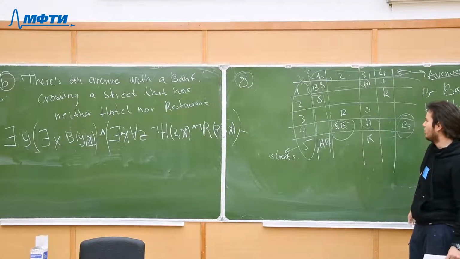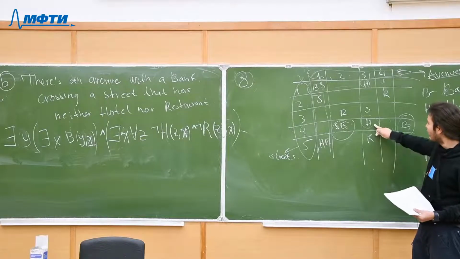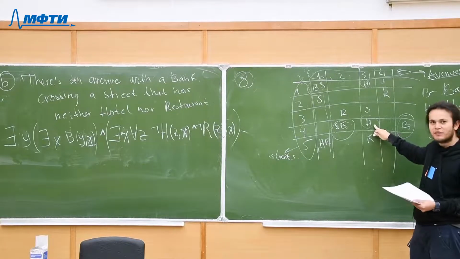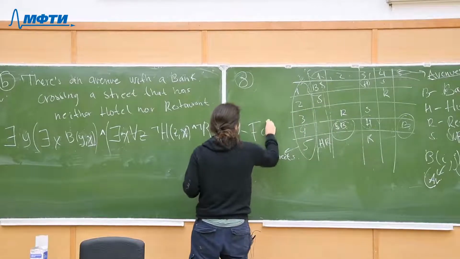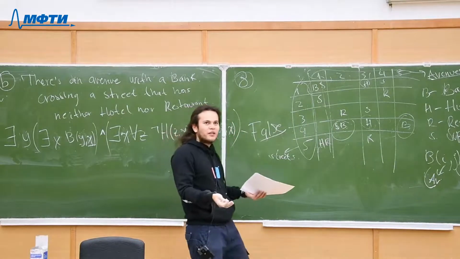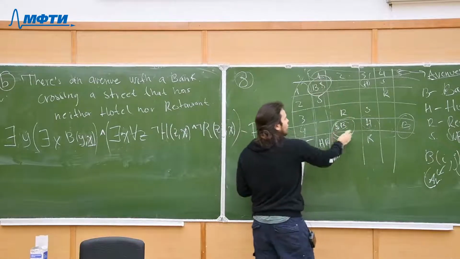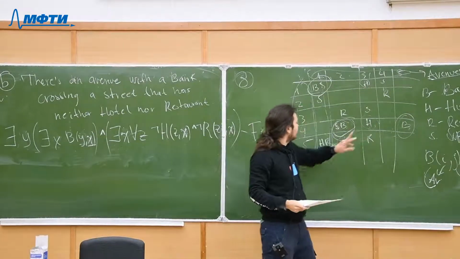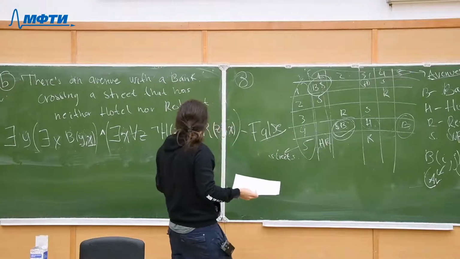So this is not true. So this is false. Is it clear why it's false? Look, we have option number 1, option number 2, and option number 3. Here there's a hotel, and here there's a hotel. That's it. So this is false.